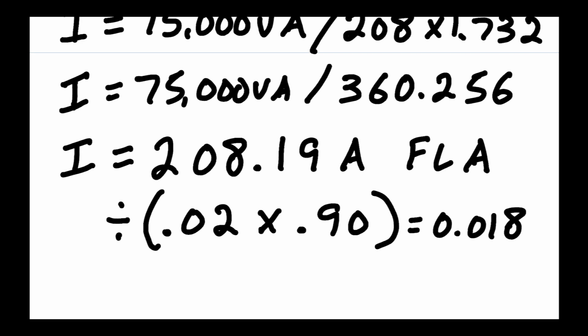So when we do this math here, this comes out to 0.018. Let me just pull that out on my calculator to double check. So I got 0.02 times 0.90, and that is 0.018.